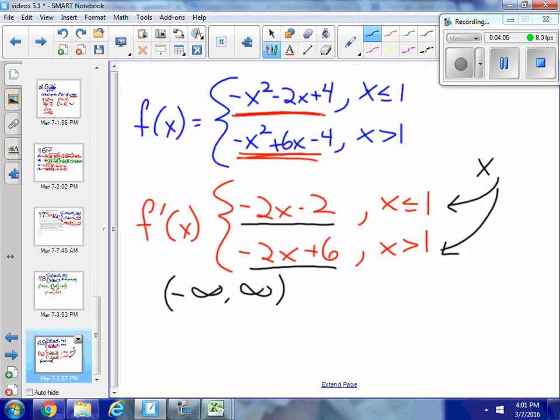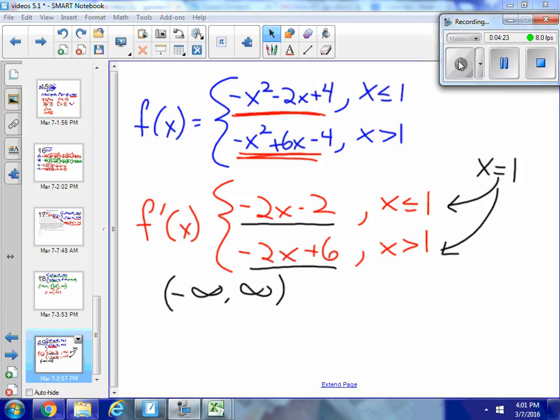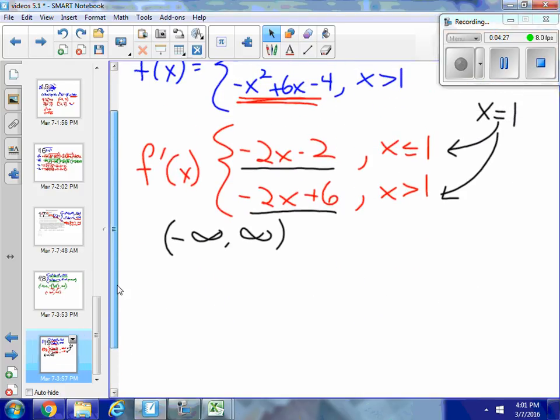Because it's a piecewise function, I don't know whether or not it's continuous, or if it's continuous, whether I'm actually going to have a derivative there. So I'm going to find out the value of the derivative, that is, the slope of the tangent line for each of these two pieces at x equals 1.